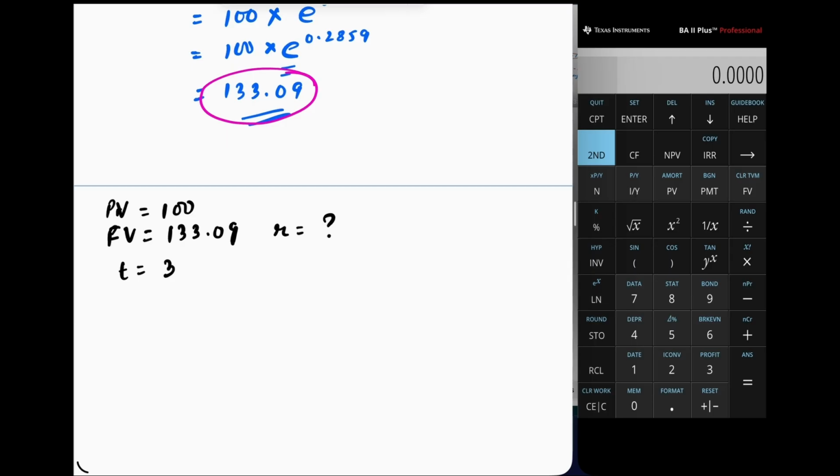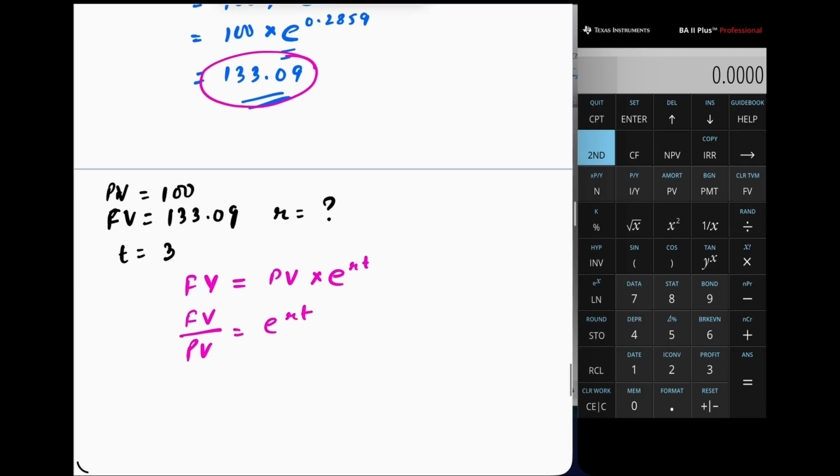So let me just plug the same formula. Okay, so future value is equal to present value times e to the power RT. I can take this present value that side, right? It will go in the denominator. So future value divided by present value is equal to e to the power RT.